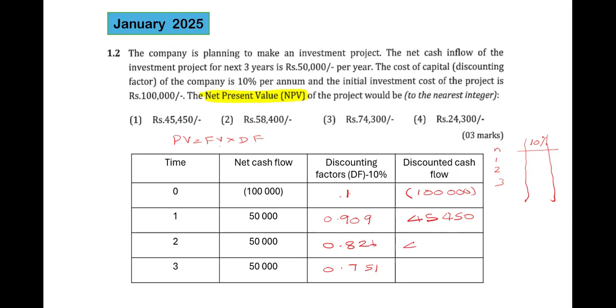Answer is 41,300. Next one was the same. 50,000 multiplied by 0.751. 37,550.